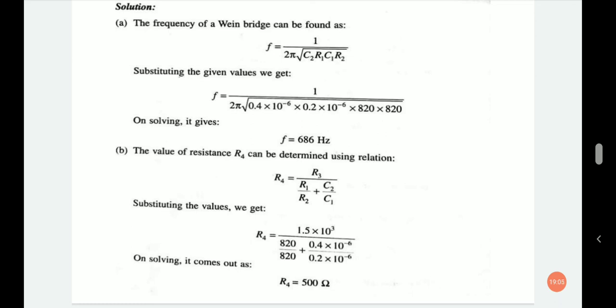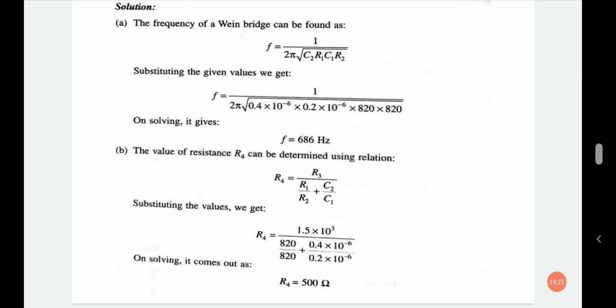Till now, first we have covered DC bridges, then types of DC bridges, that is Kelvin bridge and Wheatstone bridge, and after that we started AC bridges.